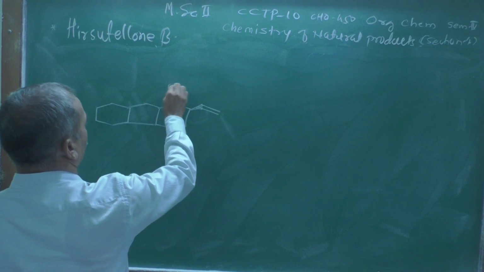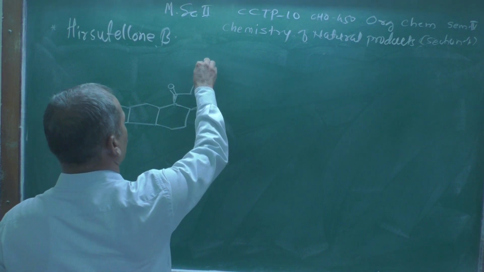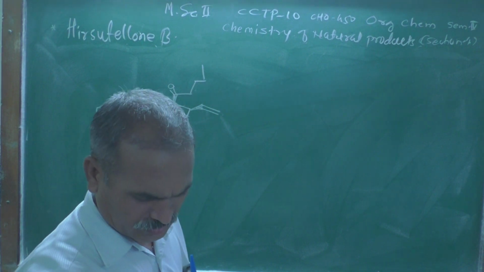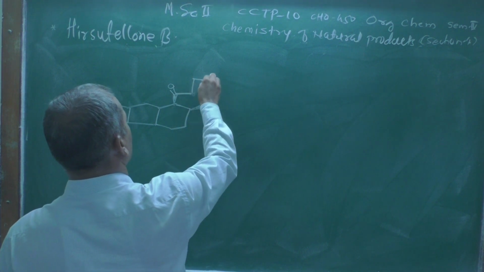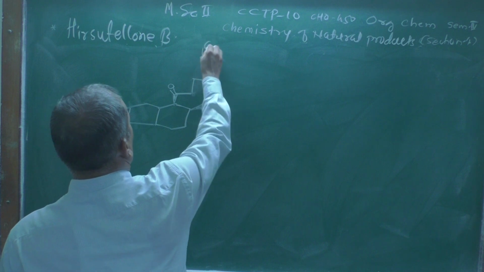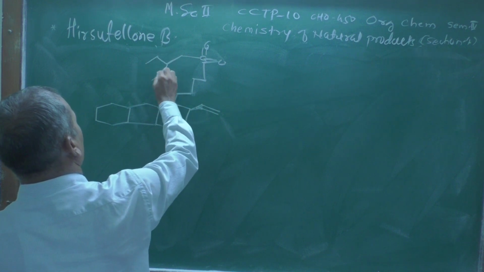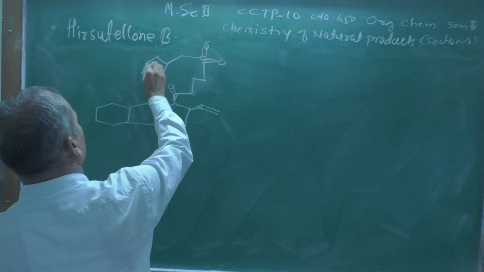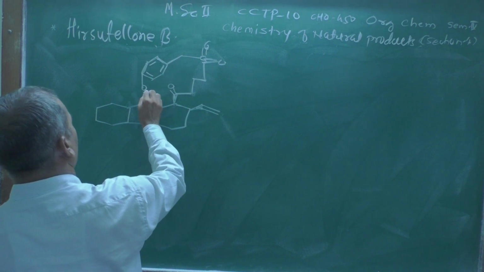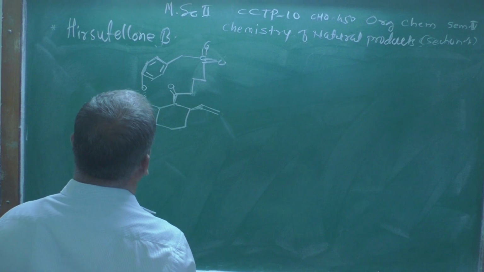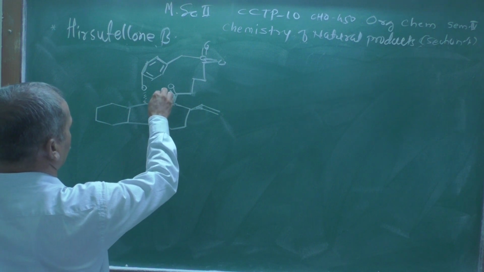Here is a C double bond O, then let me draw CH2CH2CH2 and then double bond O, then join here the paracyclophane type of structure, O, and then there will be this type of group, and the remaining part of the molecule remains as it is.